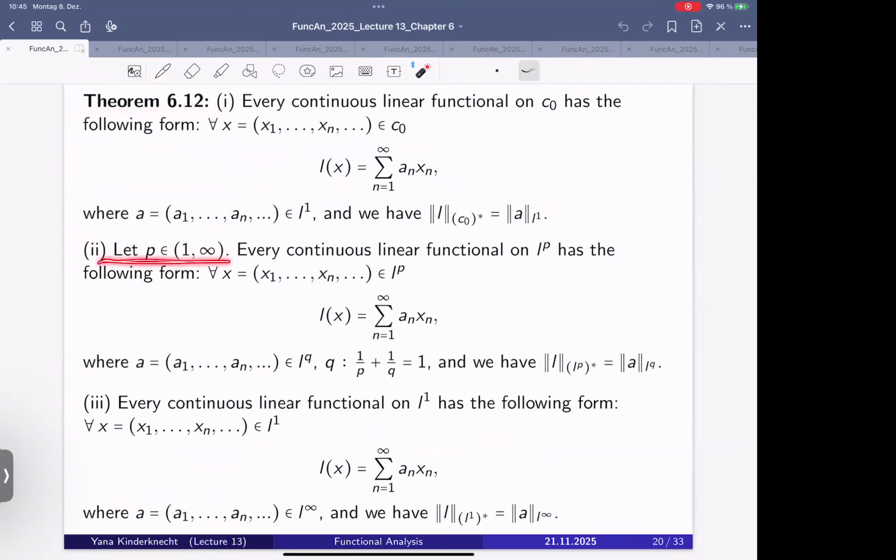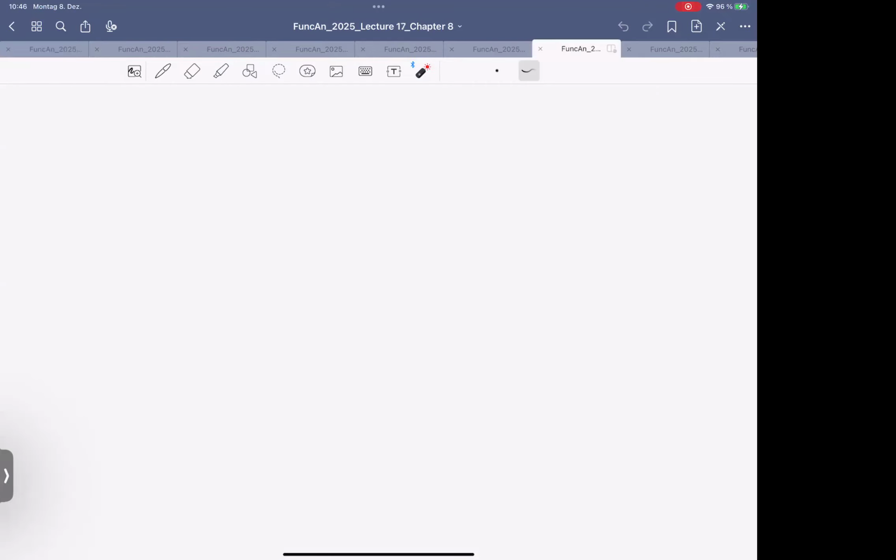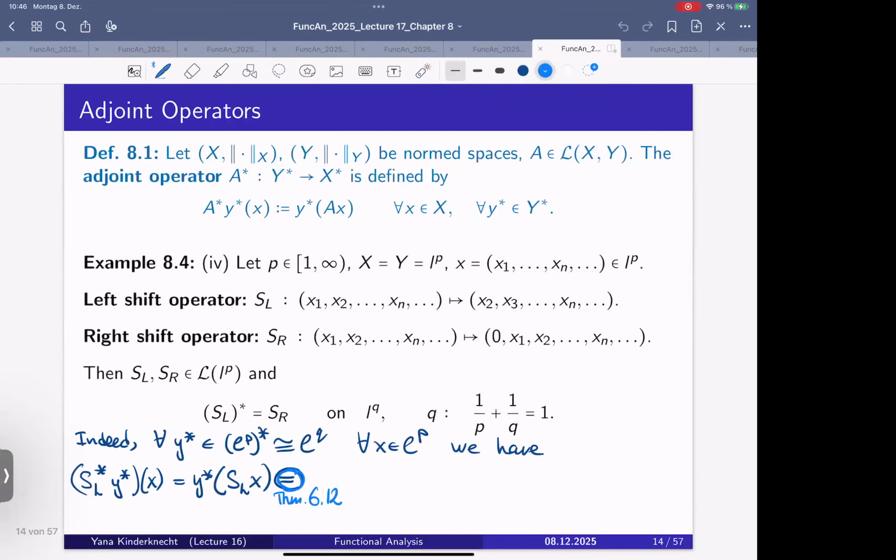We have p from 1 to infinity, or p equal to 1, then all continuous linear functionals look as follows, so act as follows. The formula is always the same, and these coordinates a correspond to the vector in LQ. I hope that you remember theorem 6.12. Yes. So let us use it here.